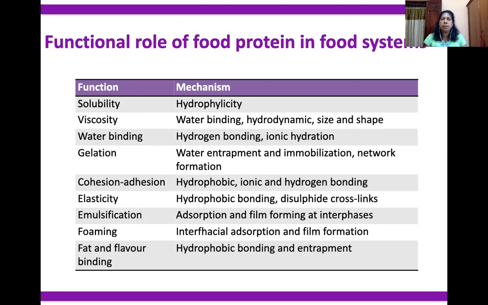We know that there are four structures in a protein, and if they change from the normal situation, the functionality will change, right? The functions are listed in this table on the left-hand side: solubility, viscosity, water binding, gelation, cohesion, adhesion, elasticity, emulsification, foaming, fat and flavor binding, right?